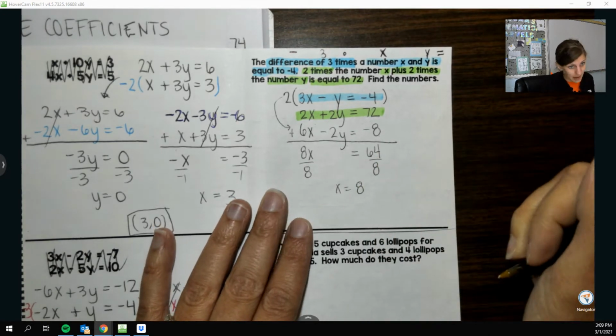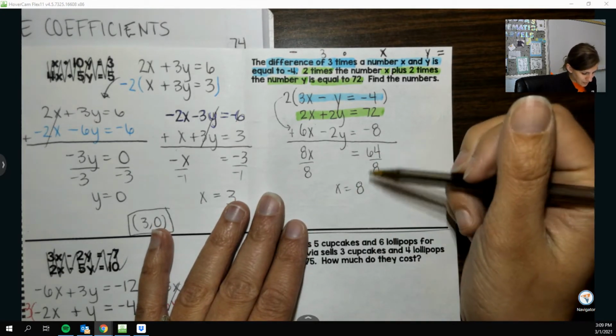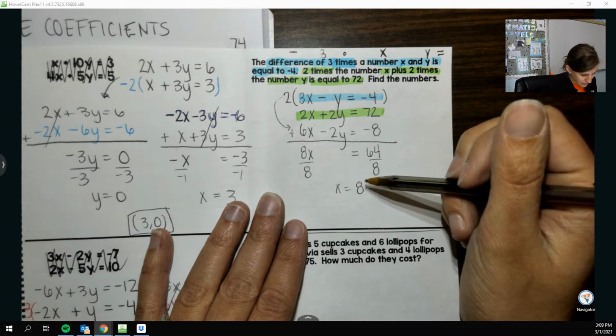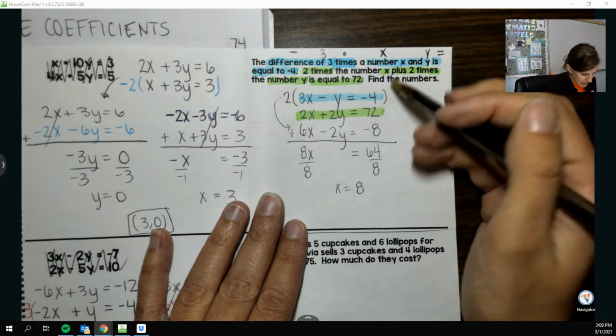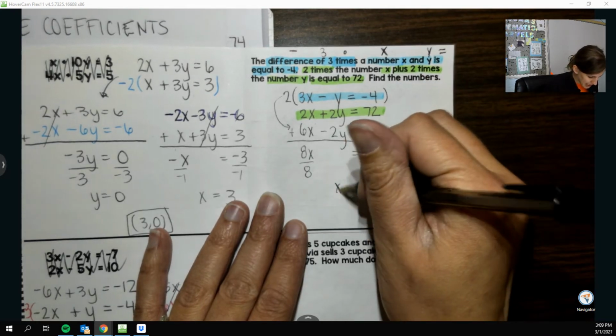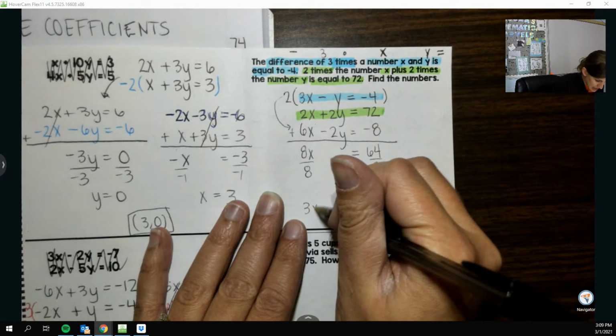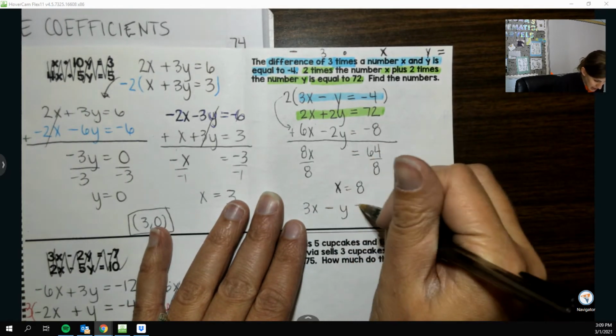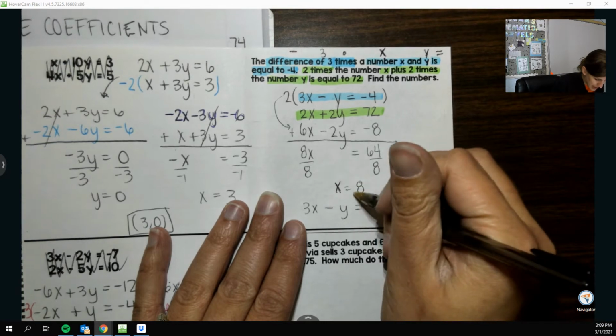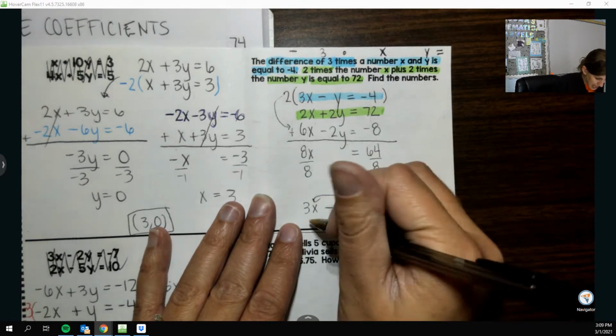But I also have to find y. I guess I'll take that top equation. I don't love it because it's got a negative. So 3x minus y equals -4, but in place of x, I'll put 8.